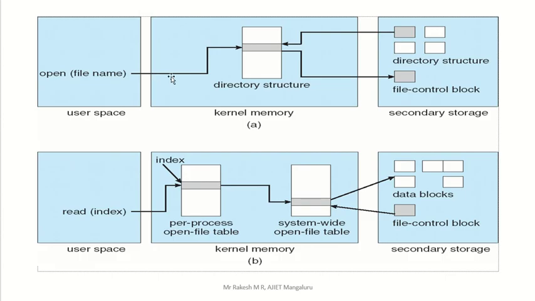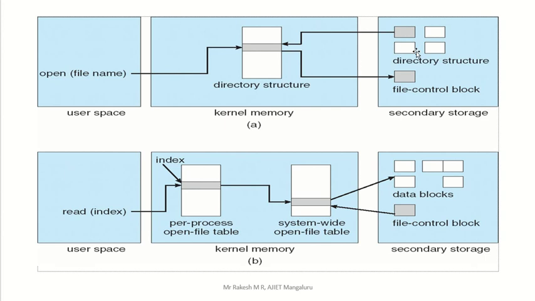See, in order to explain the previous slides, we have one neat diagram given here. Now listen to this explanation. You want to open one file, then that request is sent to the directory structure.